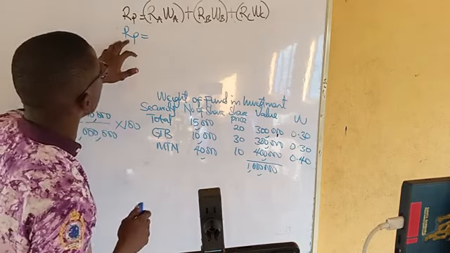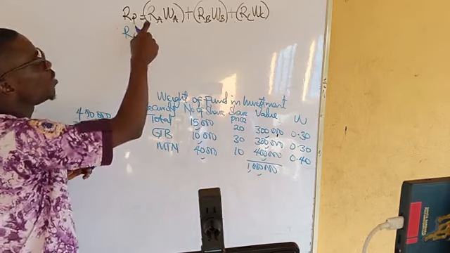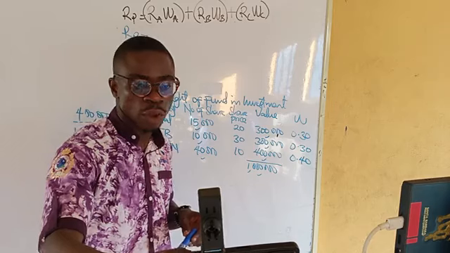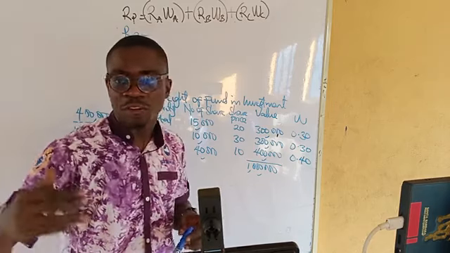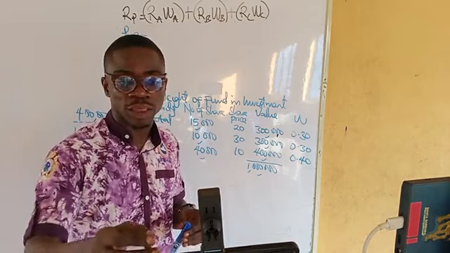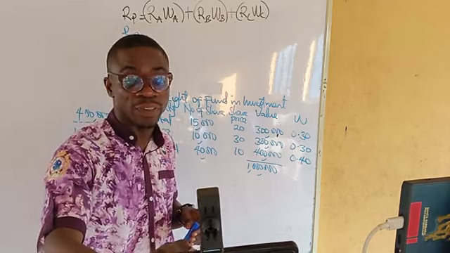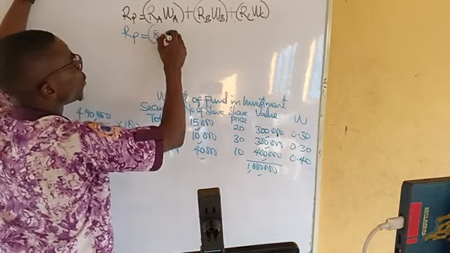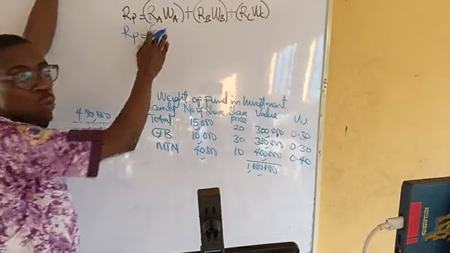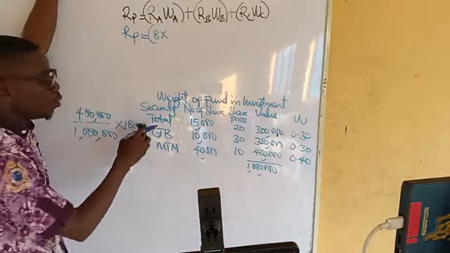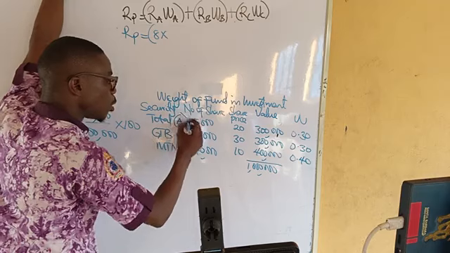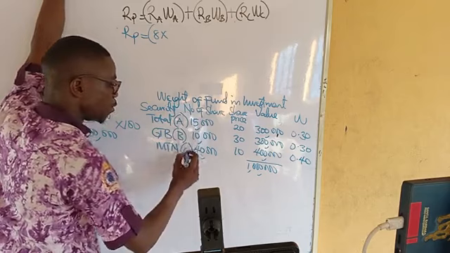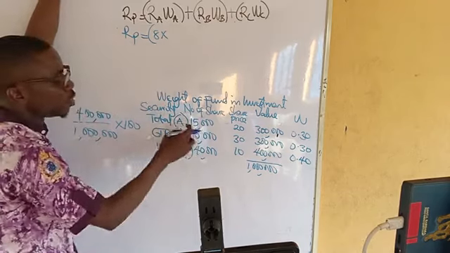So the expected return on the portfolio. What is the return on investment A that has been given in the question? You have been given the expected return on each of the investments. That's 8%, times the weight in A, which is Total, while B is GT and C is MTN.